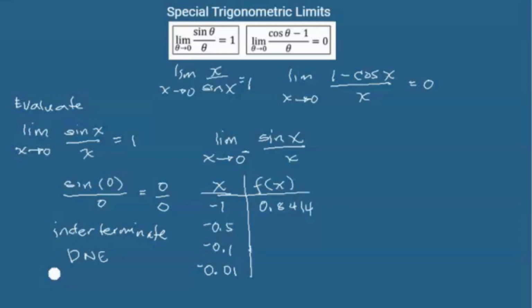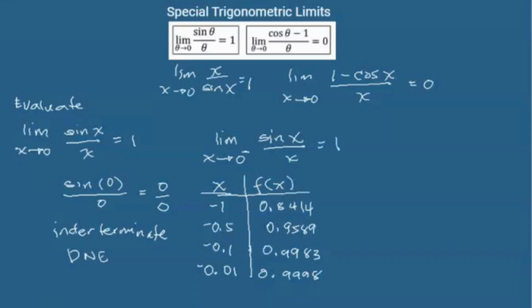For negative 0.5, it will be 0.9589. And the third one is 0.9983. And this one is 0.9998. So this approaches 1.